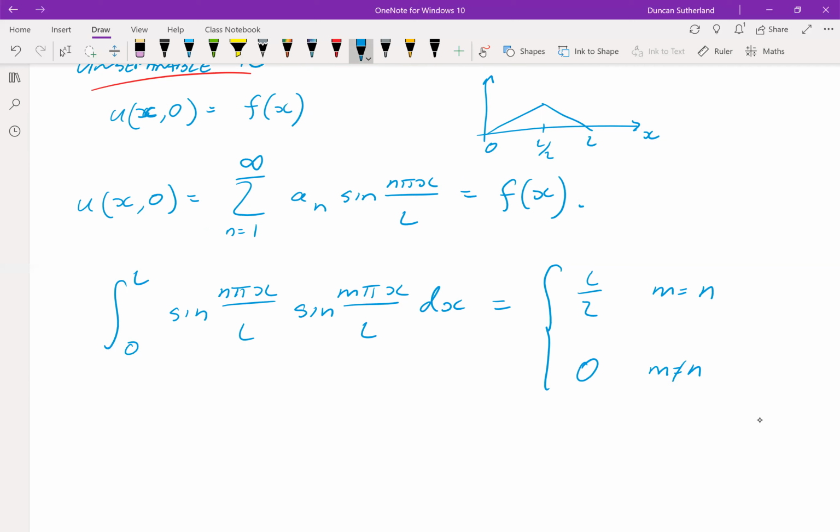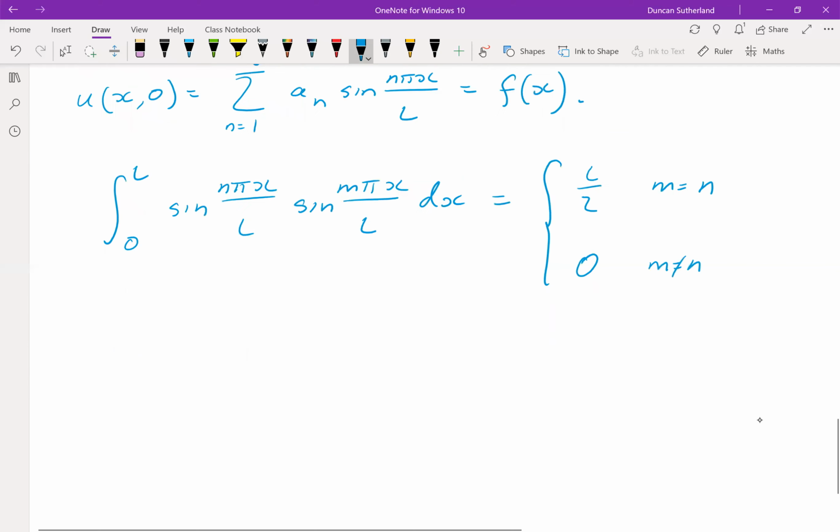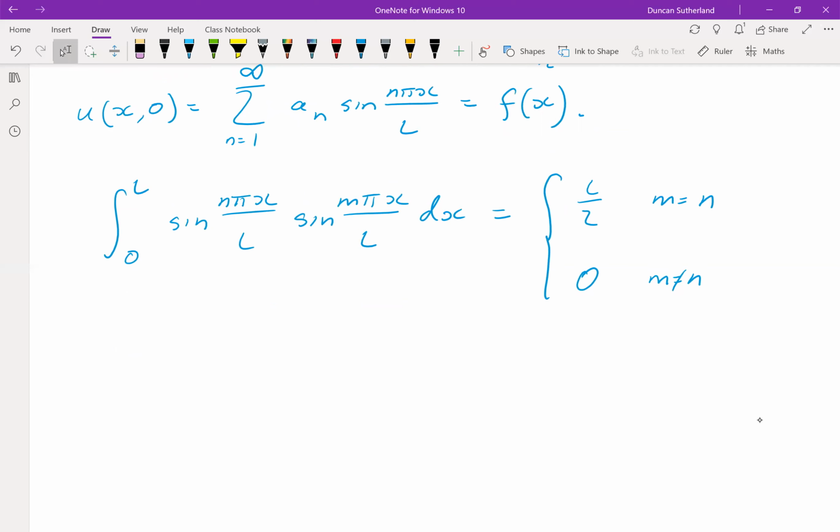Right, this orthogonality relation lets us get rid of this summation. So what we do to apply this result is we multiply through by this thing, then we integrate. So we've got to multiply both sides by sine m, integrate.